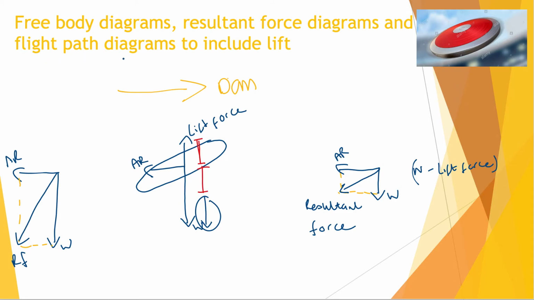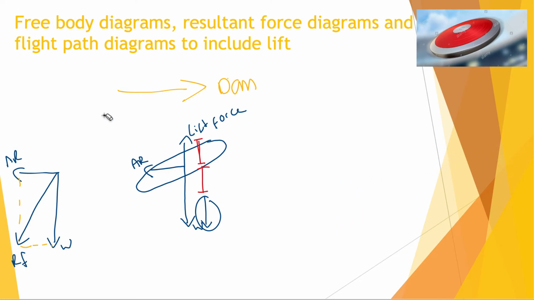So the last thing that we can draw on is a flight path diagram. Because we've got our resultant force closer to air resistance now, we have a non-parabolic flight path where the discus is going to go up, reach its peak, and then hang in the air.